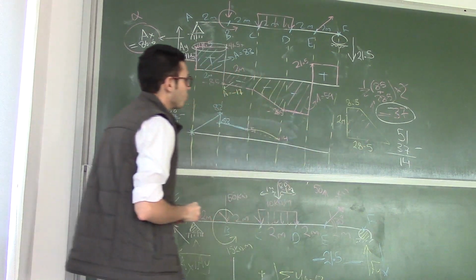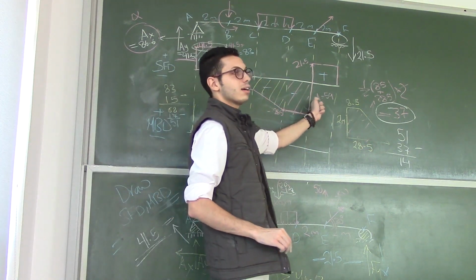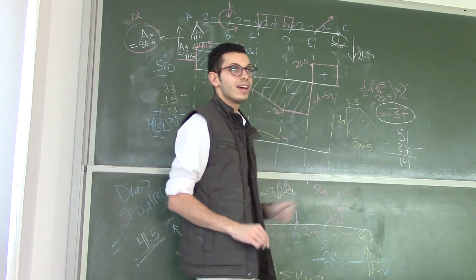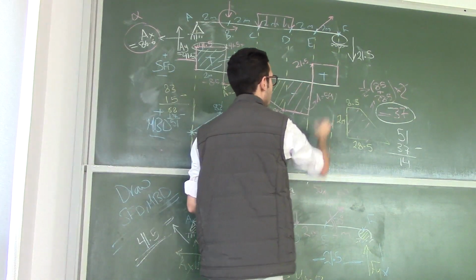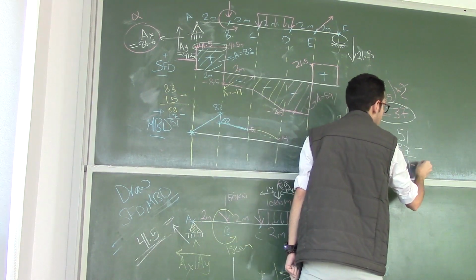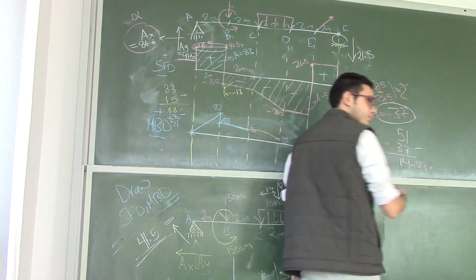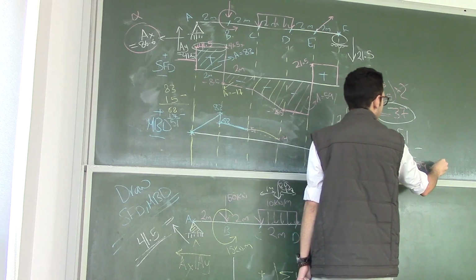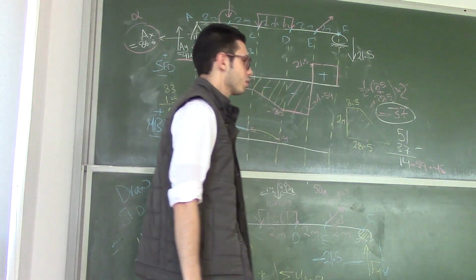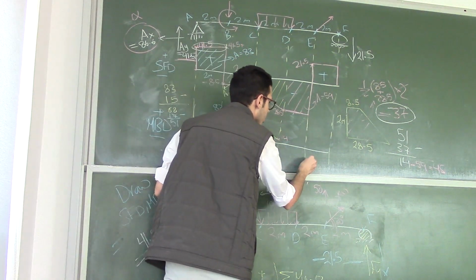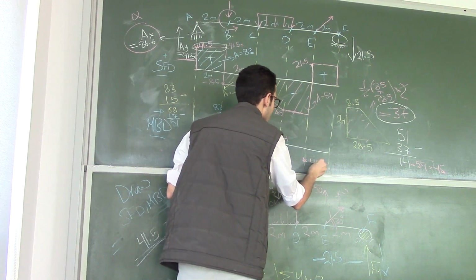Okay. So the area here is 57, not 59. So 14 minus 57 gives minus 43. So I should end with 43.